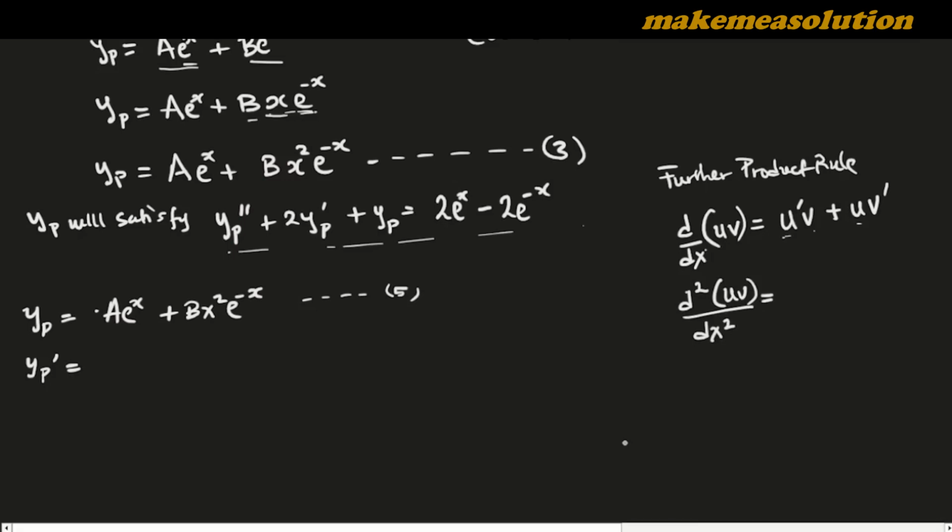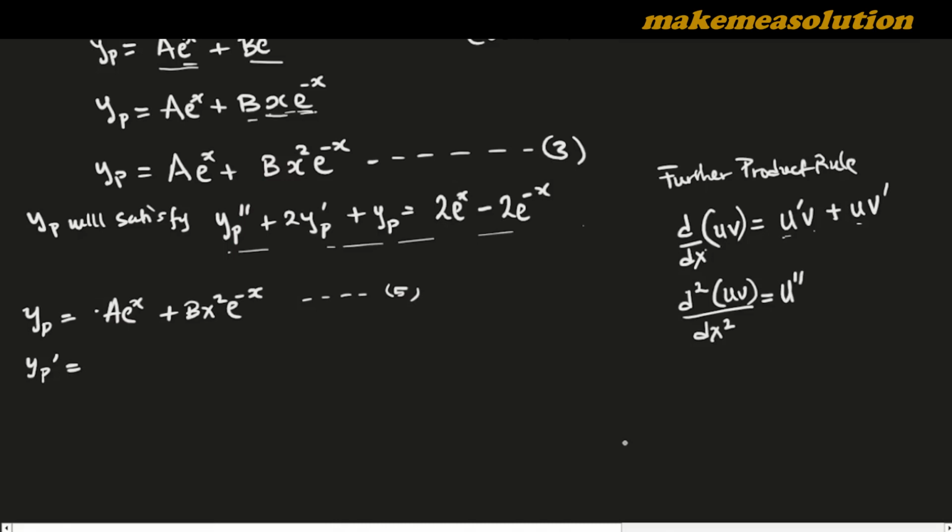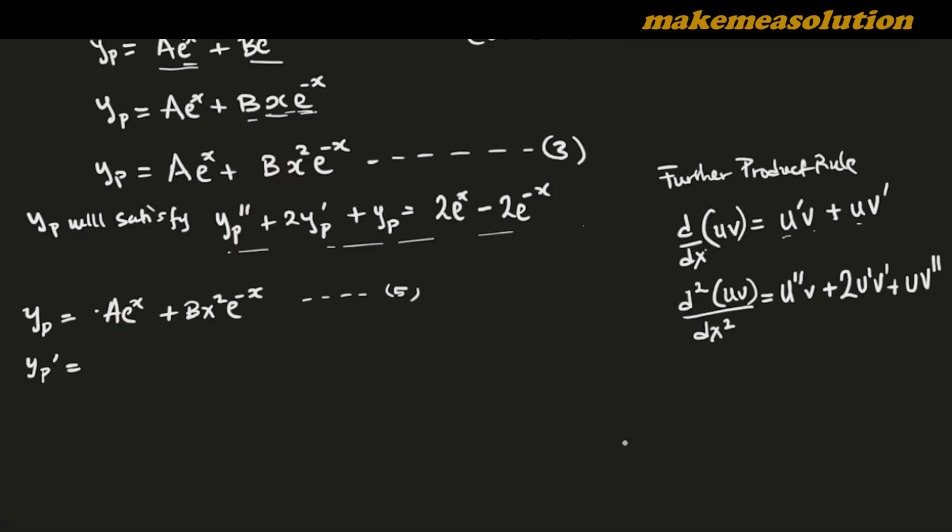It follows Pascal's triangle, a combinatorial coefficient or binomial expansion rule. First we have u prime prime, we differentiate u two times and keep v. Then we put our combinatorial coefficient, which is 2 in this case, and differentiate u once and v once. Finally we hold u and differentiate v two times. So this is the further product rule when you are differentiating a function two times.